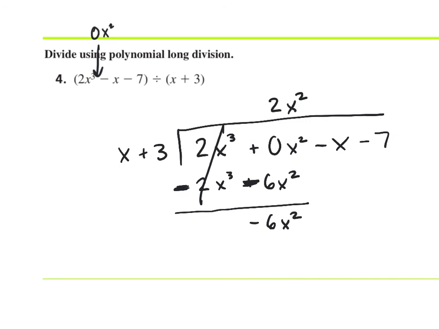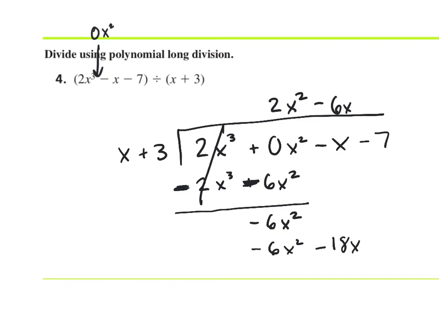Now what times x gives us negative 6x squared? Negative 6x. So negative 6x times x, negative 6x squared. What's negative 6x times 3? Negative 18x.